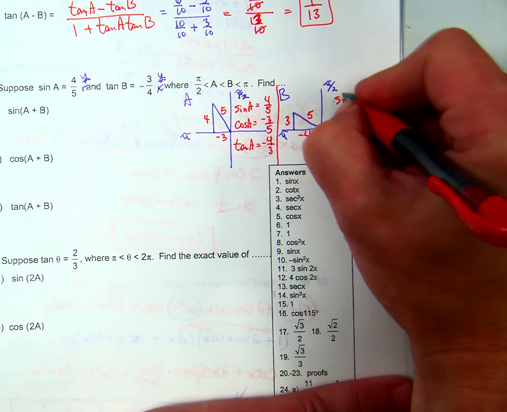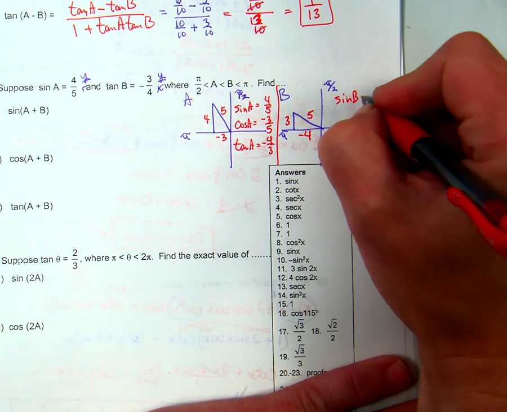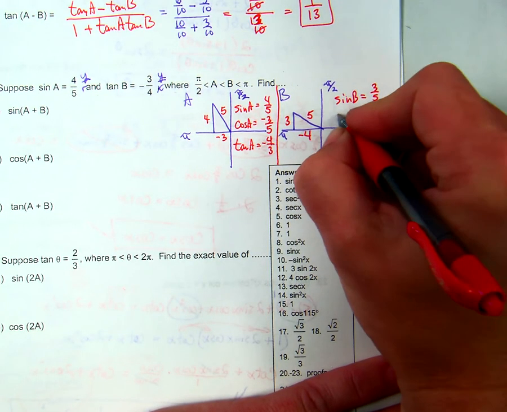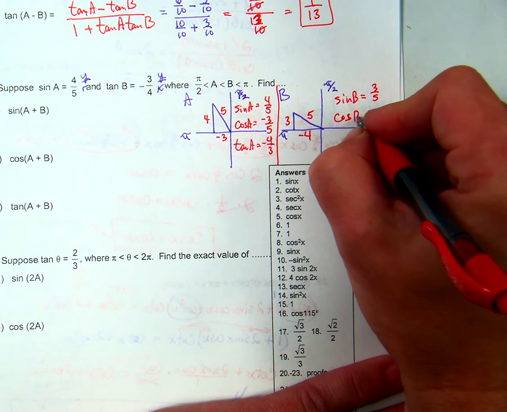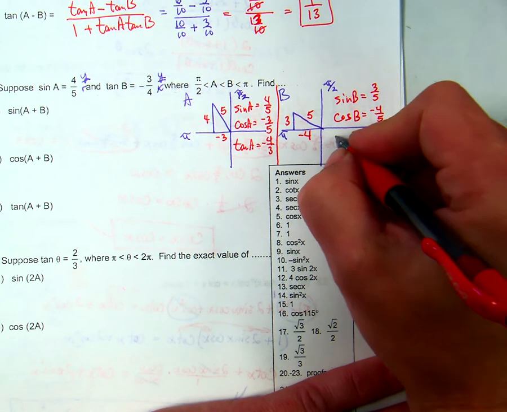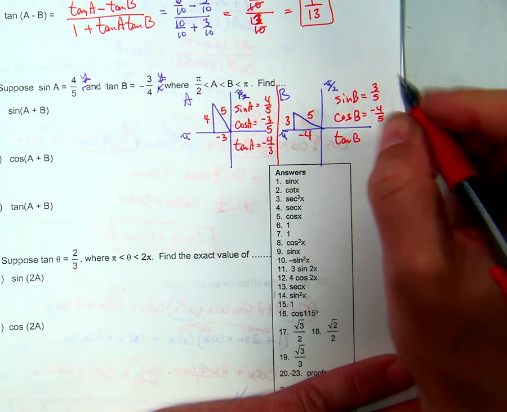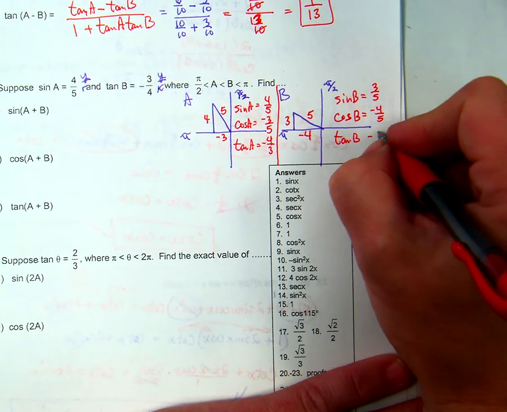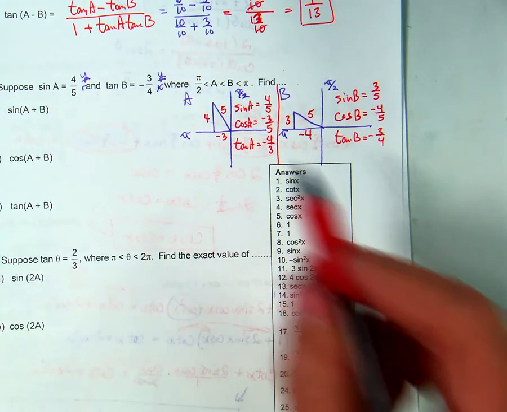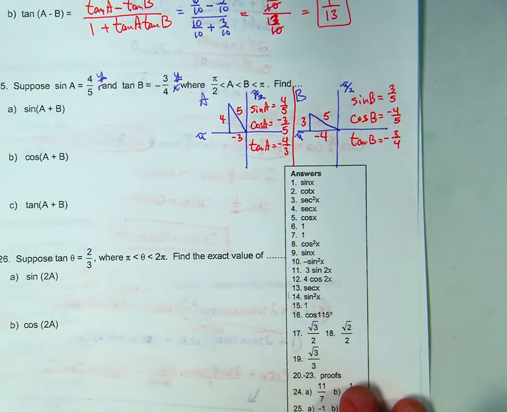Here I know that sine of B is equal to 3 over 5, cosine of B is equal to negative 4 over 5, and tangent of B they already gave us was negative 3 over 4. Okay, so now I have all of the information I need when I go to start subbing in values.